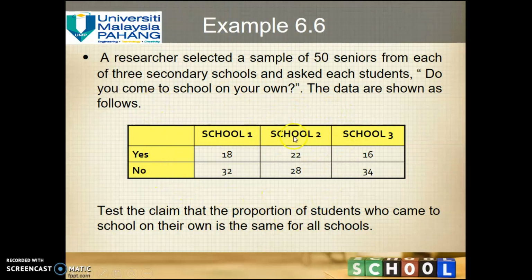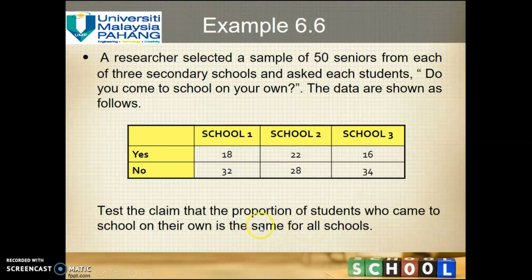The row variable here is the type of school, 1, 2, 3, and the column variable is whether you come to school on your own or with, let's say, your parents. Thus the claim is that the proportion of students who come to school on their own is the same for all schools.